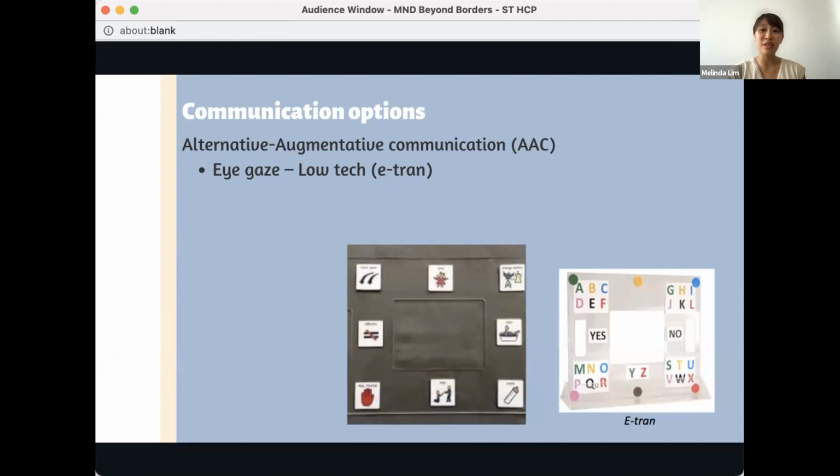So we have found it more efficient to cut it out, put it on an A4 or an A3 laminated pouch, and then we just laminate it through, and it works fairly well. So that's what we've been doing to get around the bulkiness of these E-Tran boards.